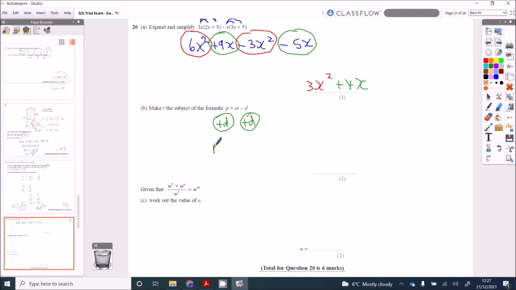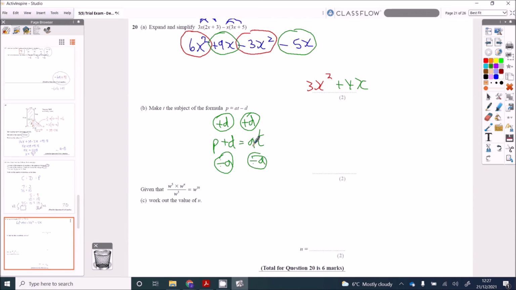So at that point, we have p add d equals at. So we've nearly got t on its own. We've nearly made t the subject. We now just need to undo the a. Now, at means a times t, or t times a. How do you undo a timesing by a? You divide by a. So we're going to divide both sides by a.